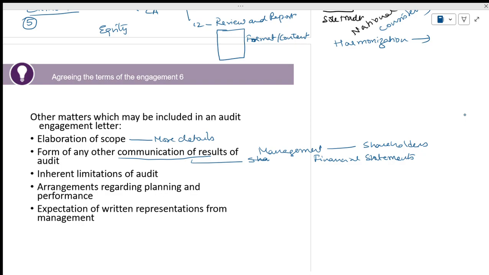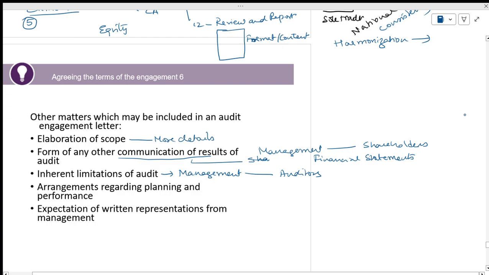Inherent limitations of the audit, from both the management side as well as the auditor side. If you don't have effective controls, that is the inherent risk.